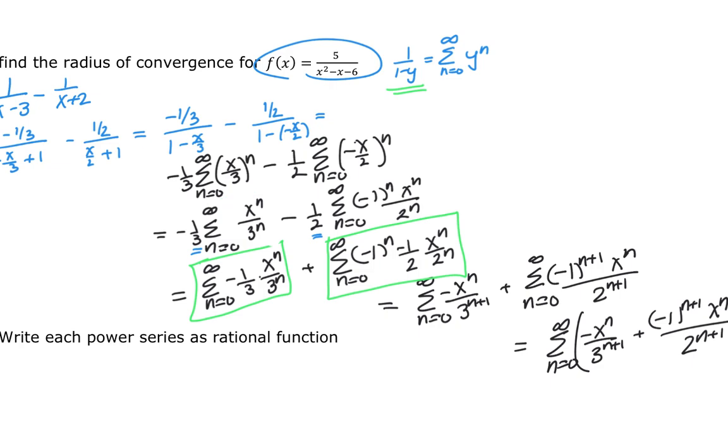The radius of convergence for this first one, which is the summation of n equals 0 to infinity of negative 1/3, I found to be 3. I found this to be the radius of convergence of 2. And as before, we always pick the smaller of the two numbers, so this has a radius of convergence of 2. And if I wanted to know the interval of convergence, I would then have to check endpoints.